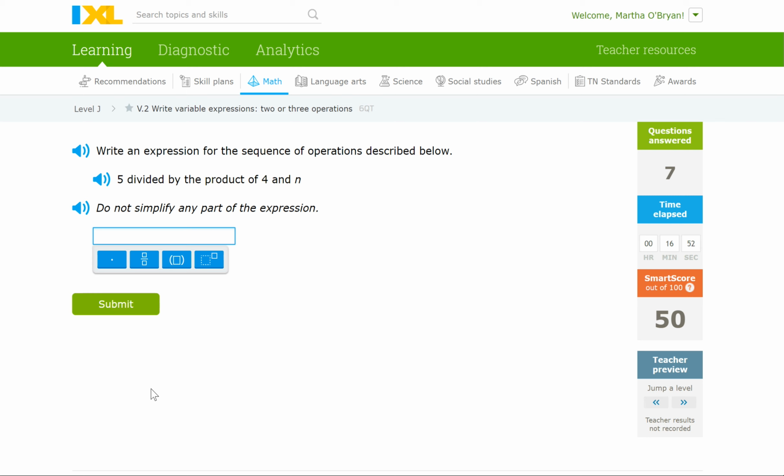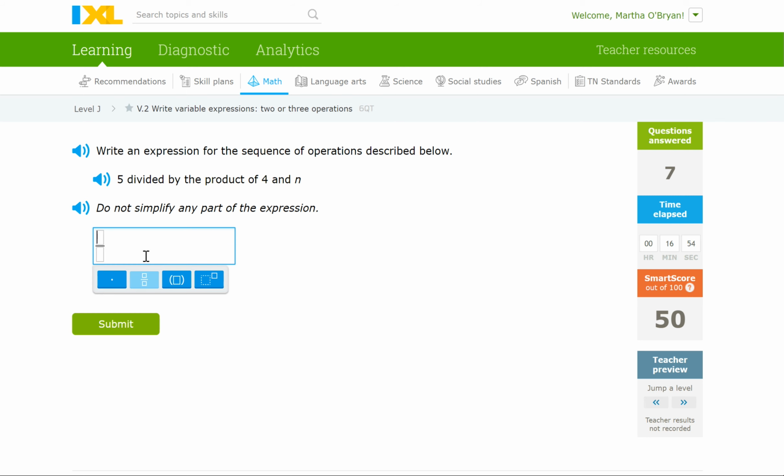On the IXL program, to do division, you're going to use that fraction looking button, because remember, fractions are division problems. So we're going to do 5 on the top and then divided by 4 times n. And so we can write that a couple of different ways.